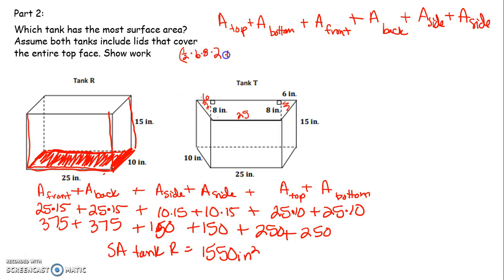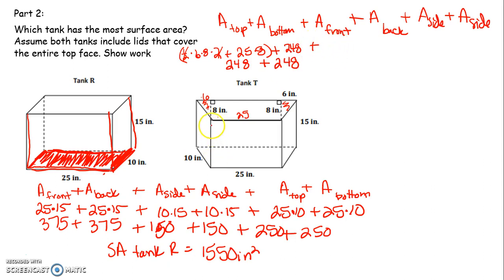There's 2 of those, plus 25 times 8 for that rectangle. And the bottom will match that, so I'm going to quickly figure that out. So that was 48 plus 200, so we found 248. That would be for the top, which means for the bottom it would also be 248.